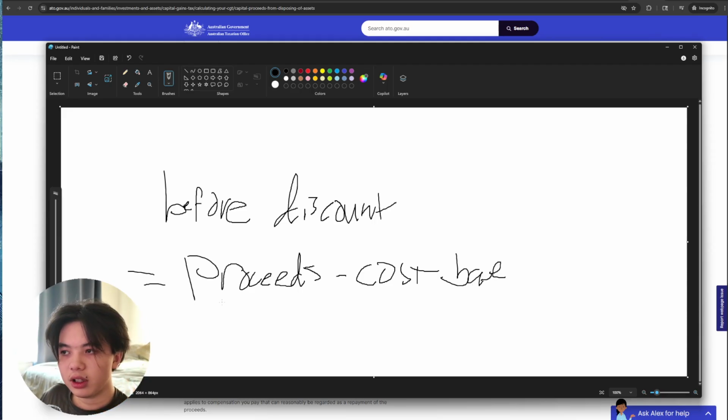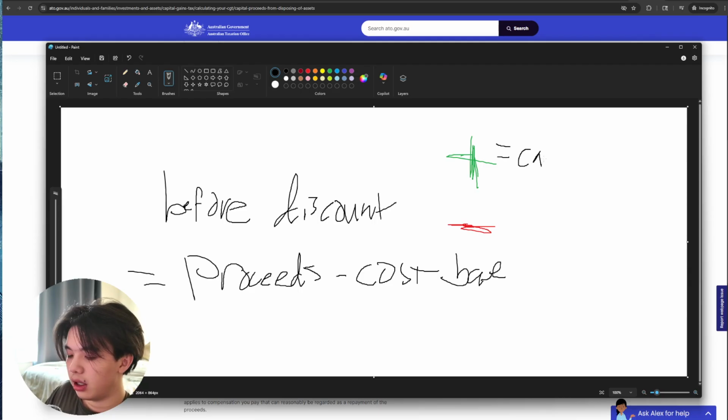If the result is positive, then you have a capital gain. But if it's negative, you have a capital loss. I'll just write this right here: capital gain, loss.